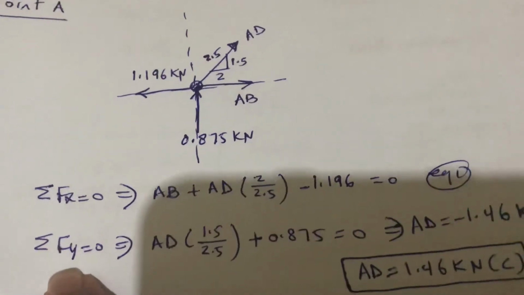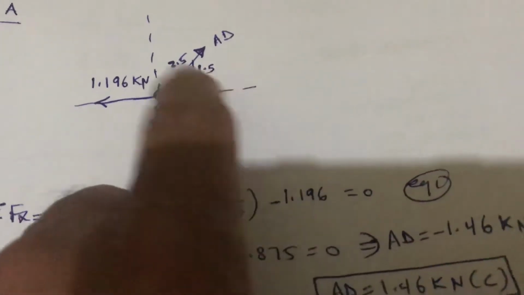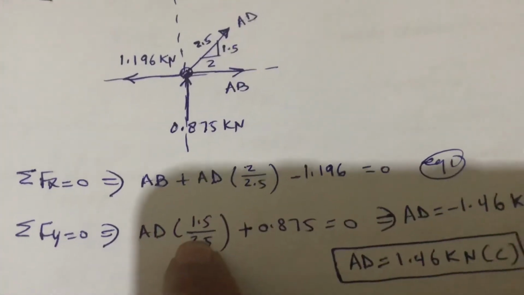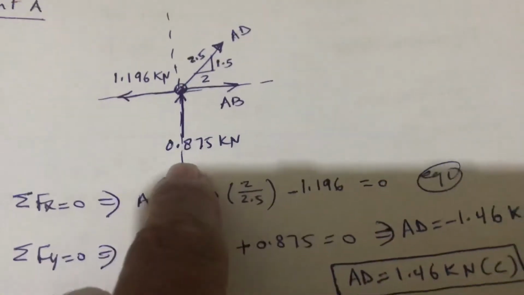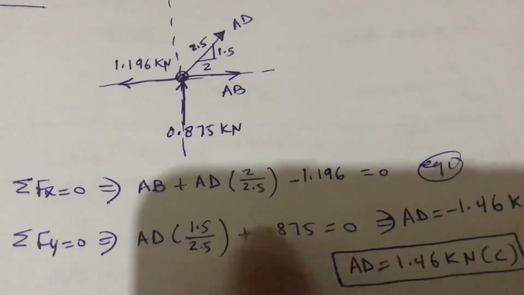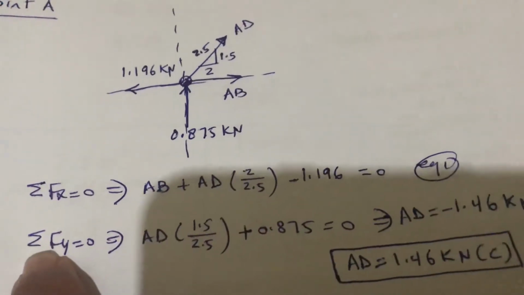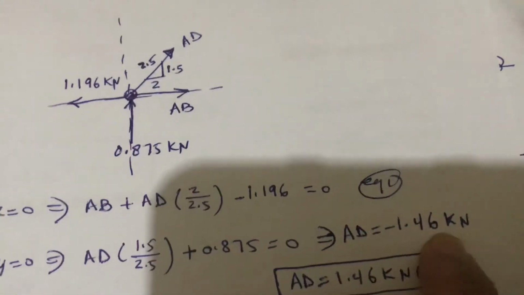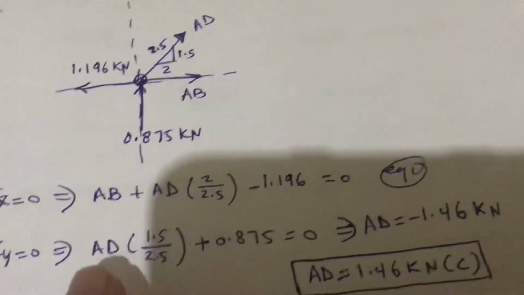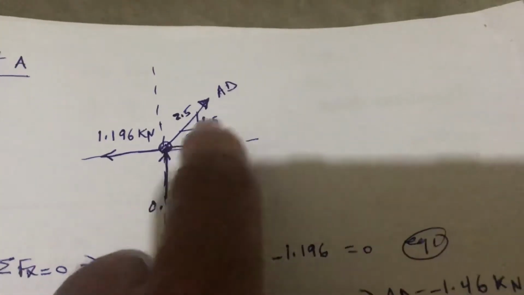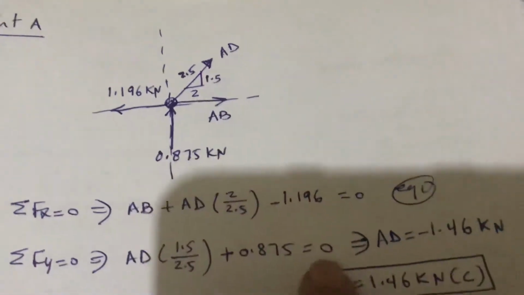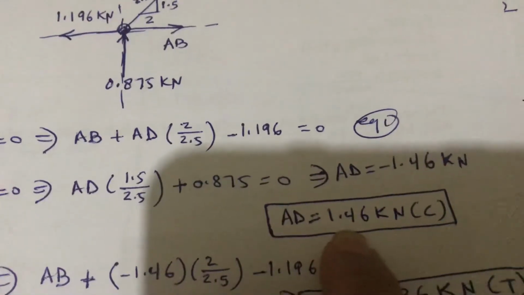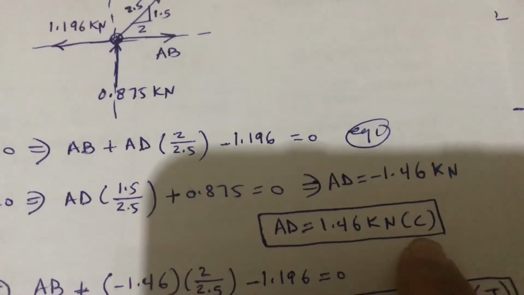Summation of forces in y equal to 0: AD times 1.5 over 2.5 plus 0.875 equals 0. Now we can find AD from summation of forces in y. AD is equal to minus 1.46 kilonewton. We are assuming AD is tension, but since it's negative, AD is 1.46 kilonewton compression.